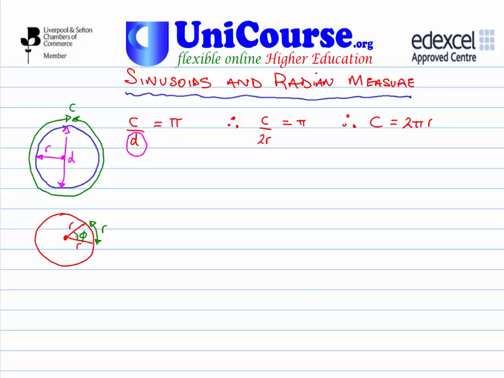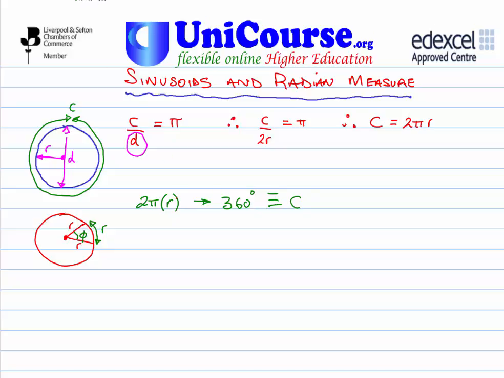Okay, and what we can then also say is 2 pi lots of that length r is the same as going round the circle 360 degrees, and it's equal to the circumference, or equivalent to 1 circumference.